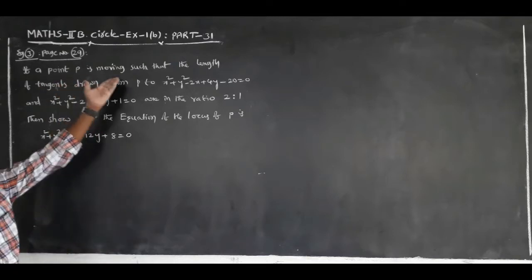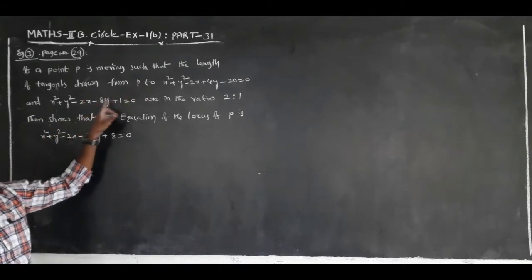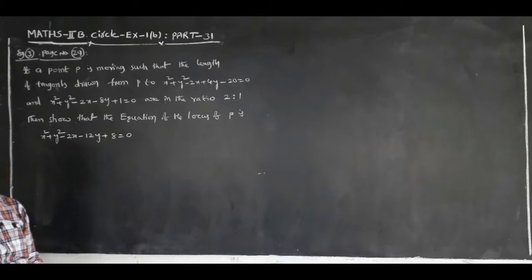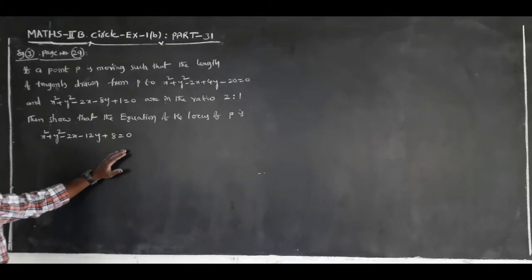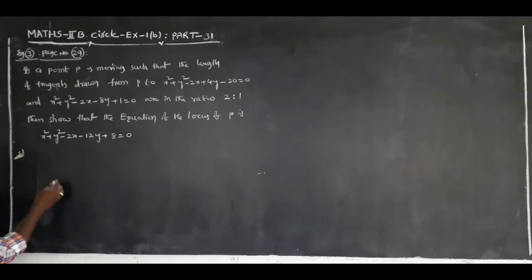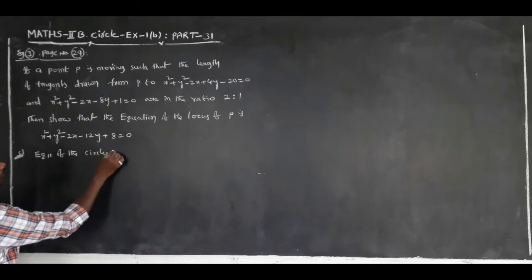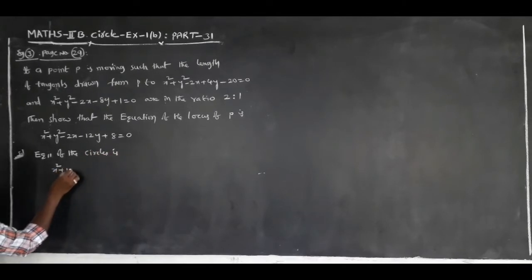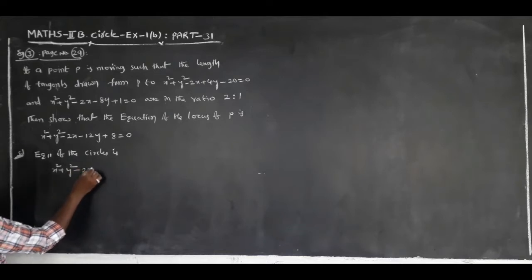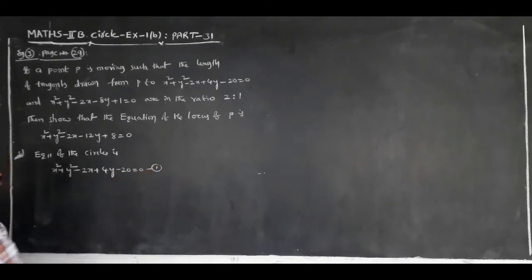If a point P is moving such that the length of the tangents drawn from P to the circles are in the ratio 2:1, find the equation of locus of P. Here given, the equation of the circles: number 1 is x square plus y square minus 2x plus 4y minus 20 is equal to 0.